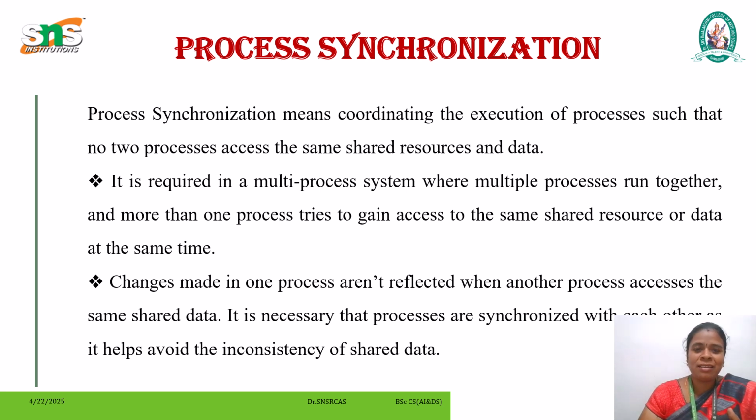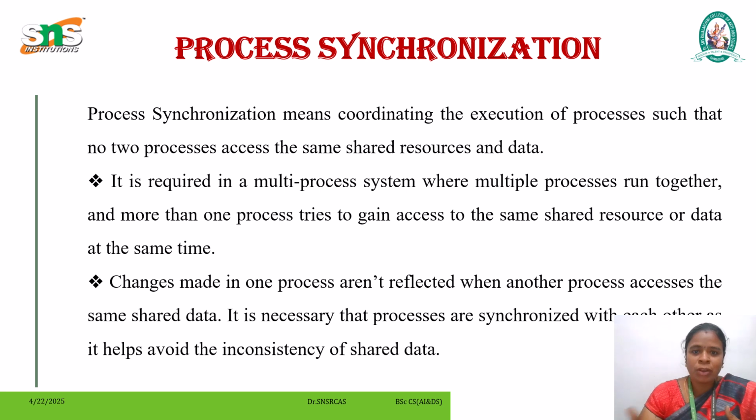It is necessary that the processes are executed synchronized with each other, as it helps to avoid inconsistency of the shared data. For example, a process P1 tries to change the data in a particular memory location. At the same time, another process P2 tries to read from the same memory location.